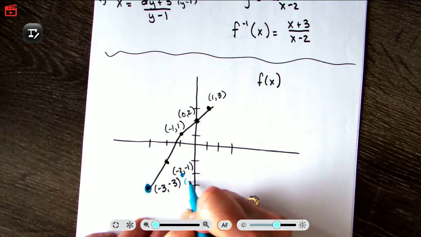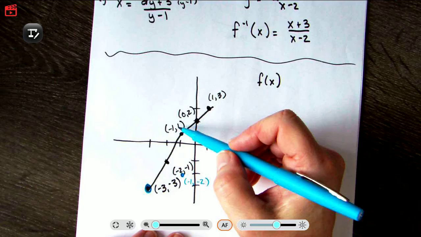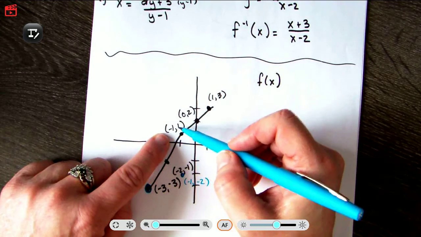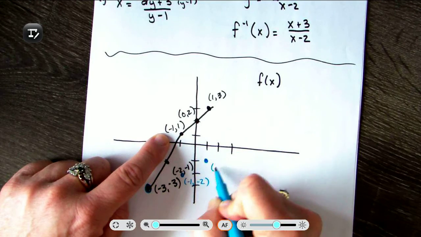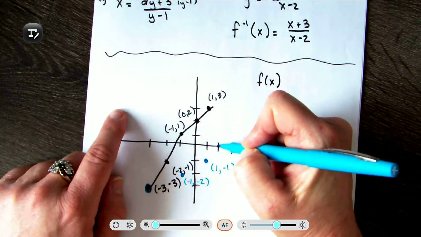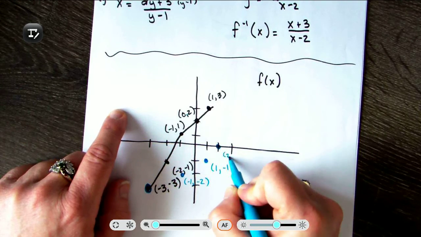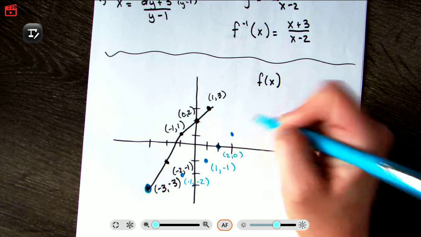So I'll put that in here, negative 1, negative 2. This negative 1, 1 is going to become the point 1, negative 1. 0, 2 becomes the point 2, 0. And 1, 3 becomes the point 3, 1.